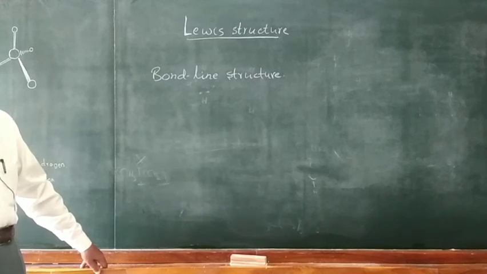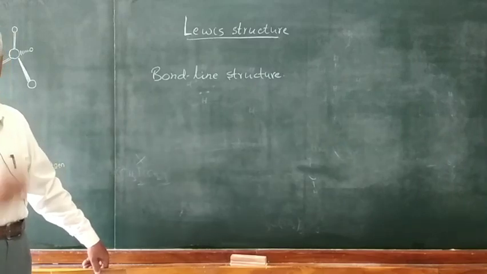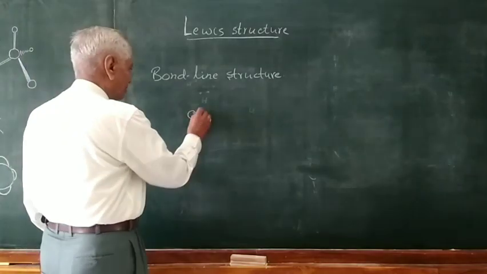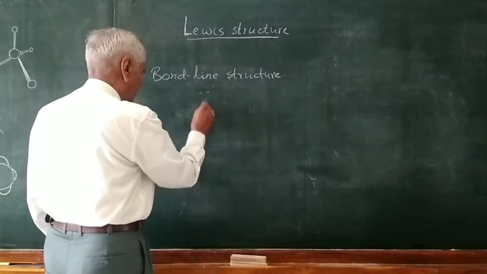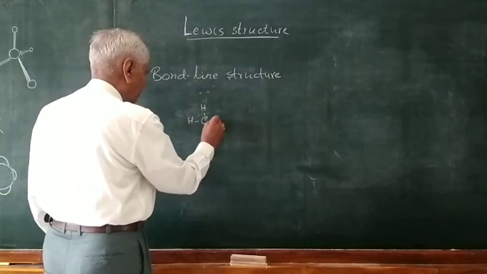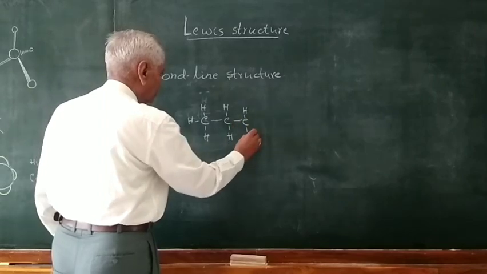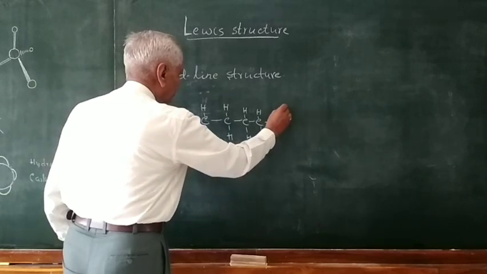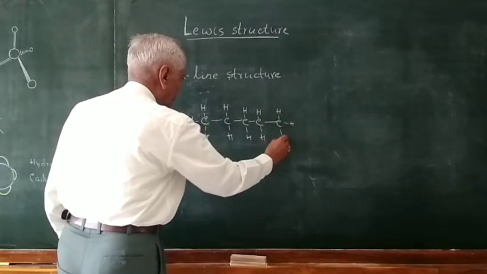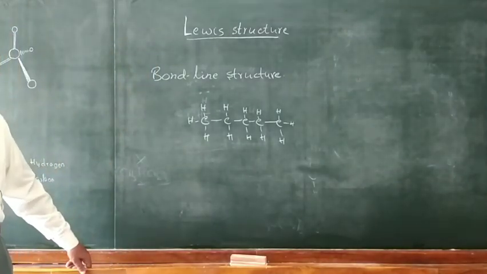Say, for example, you have a compound like this: CH3, CH2, CH3. Suppose this compound is there. How to write the bond line structure? In the bond line structure, you are not writing the atoms.